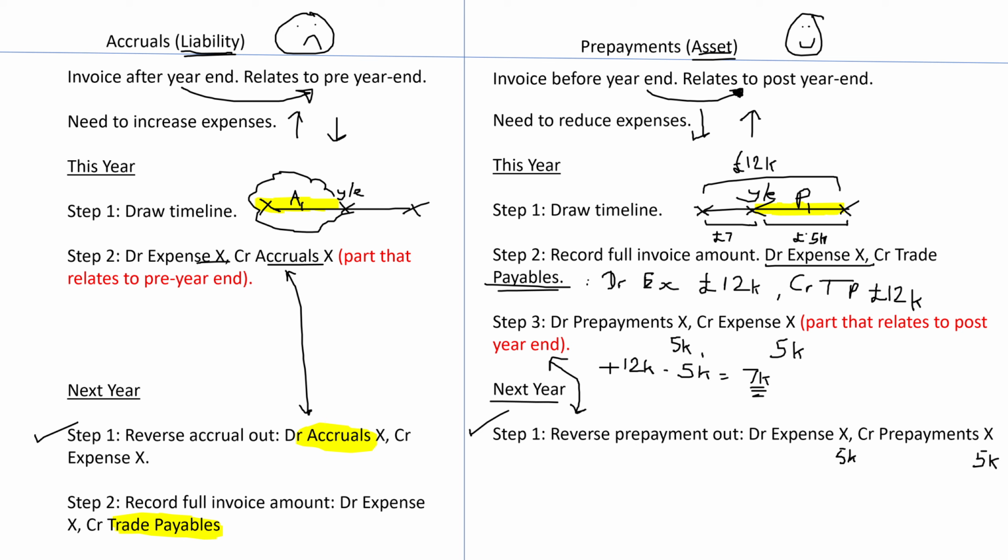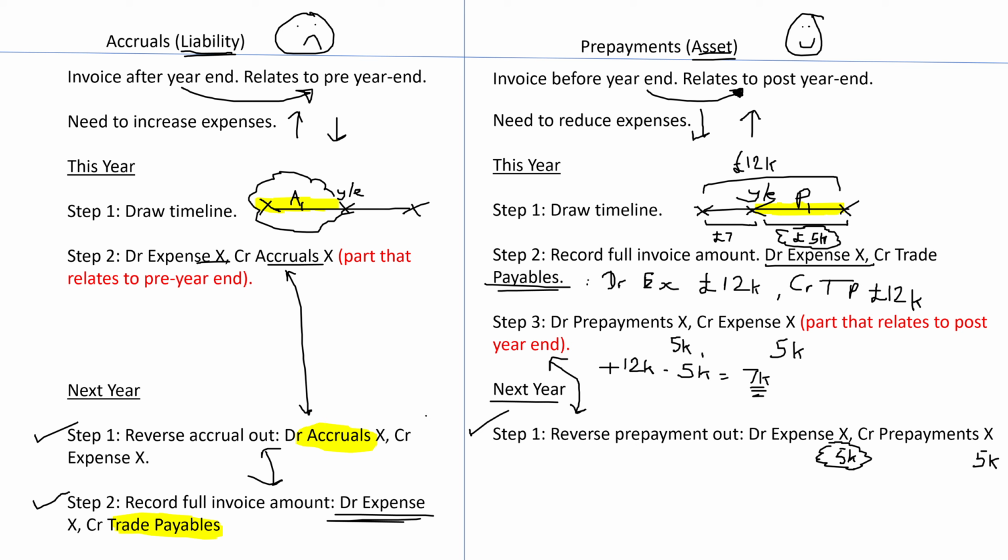So that makes sense because we need to recognise an expense this next year of 5k. The accruals is a bit different because when you get the invoice, we record the full invoice amount. So we do debit expense and credit trade payables. We explained the logic of this in the previous lecture.